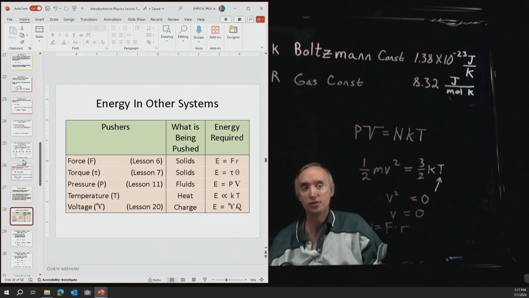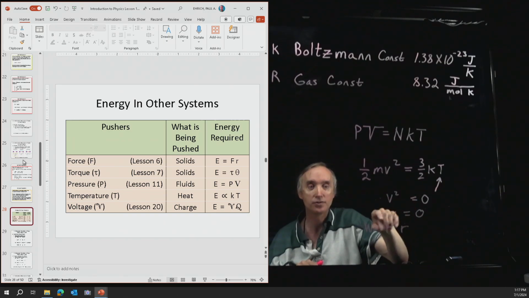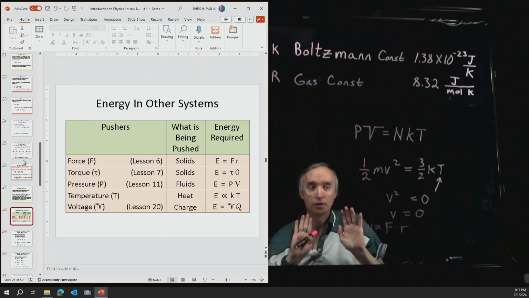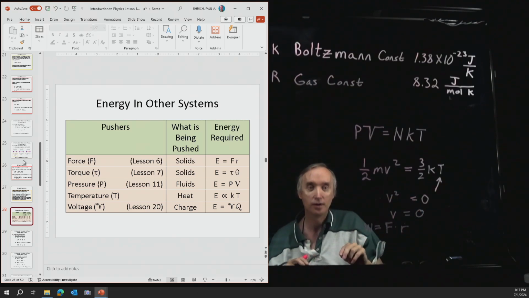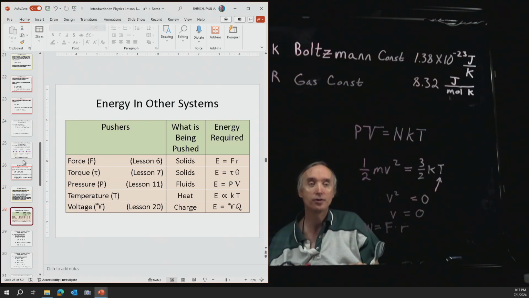And so the energy, the work necessary in order to move a fluid through a volume V is going to be P times V, the pressure multiplied by the volume. So force is the pusher of solids. Torque is going to be the pusher, in quotation marks, of a solid when we want it to rotate. Pressure is going to be the pusher of a fluid.